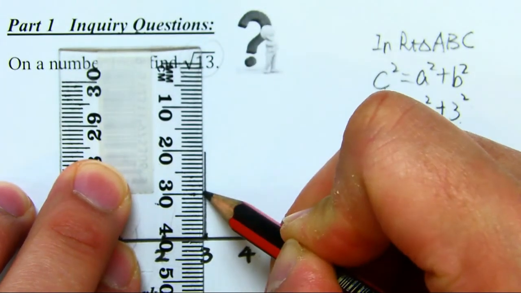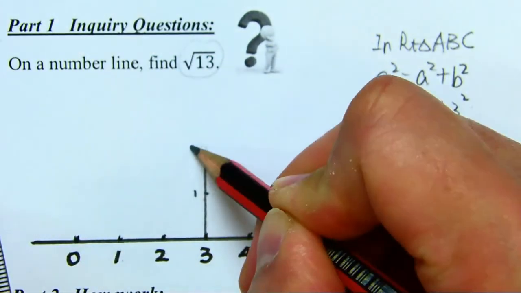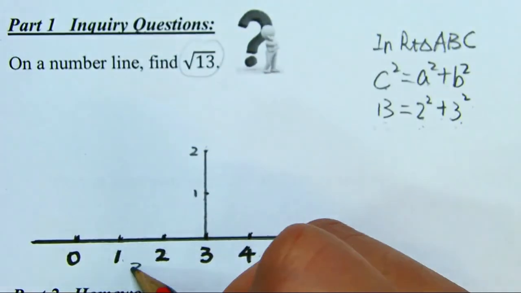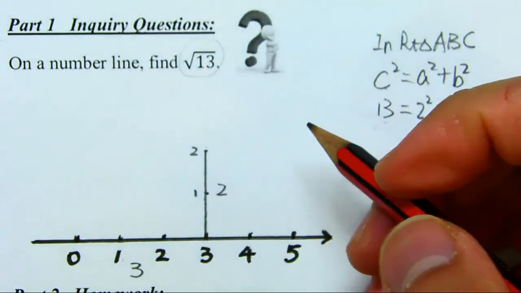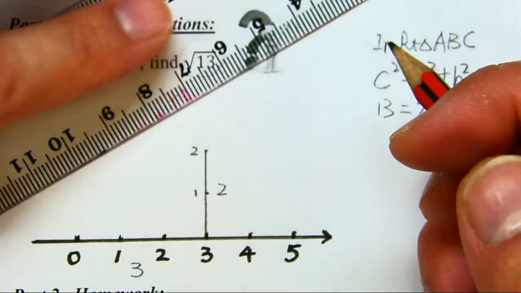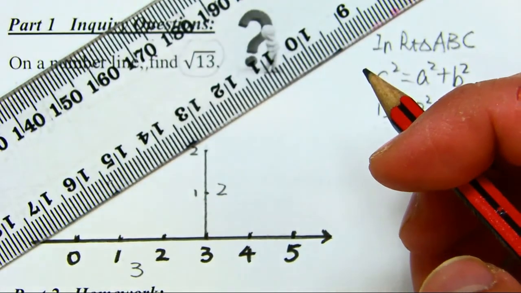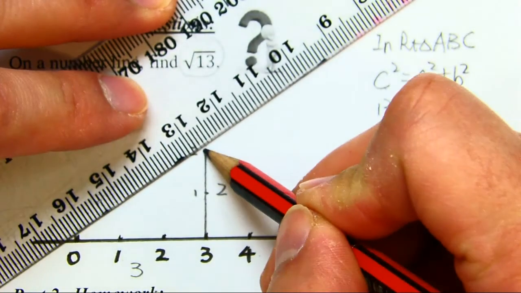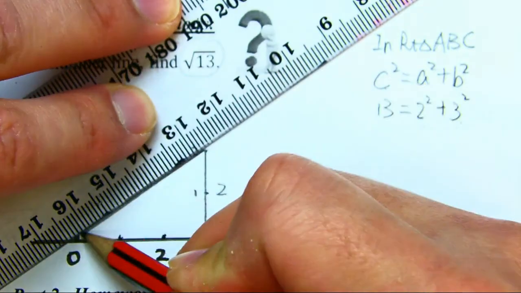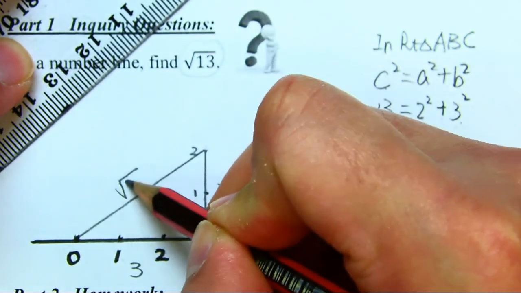This is 1 and this is 2. So this is 3 units, this is 2 units. Now if I connect these 2 points, this side should be square root 13.